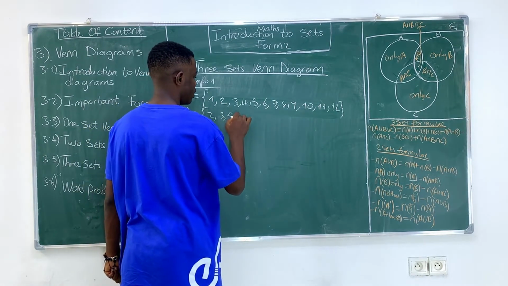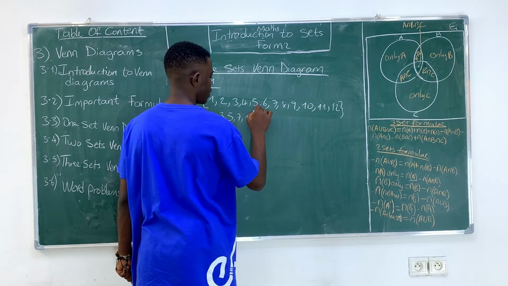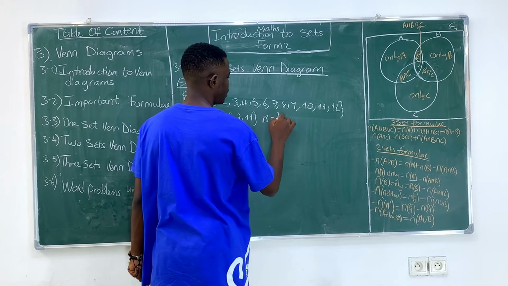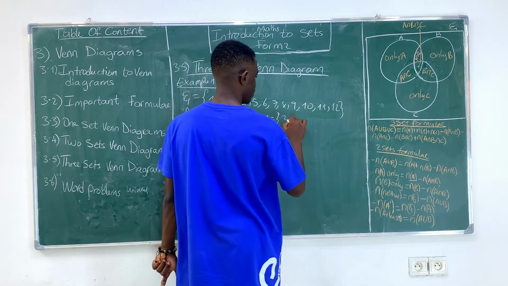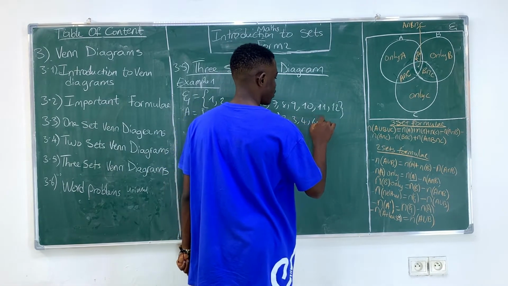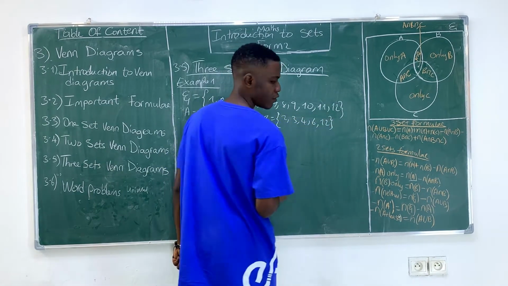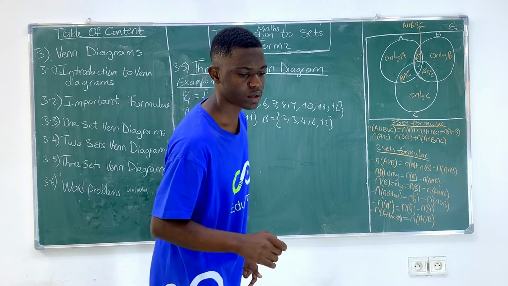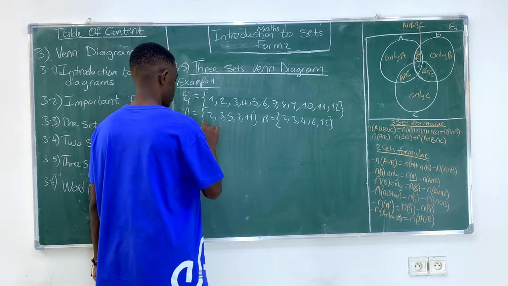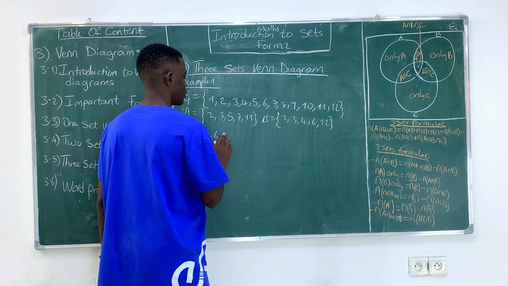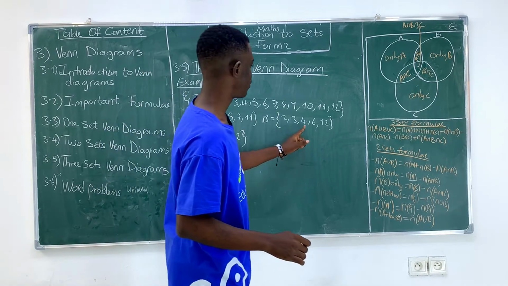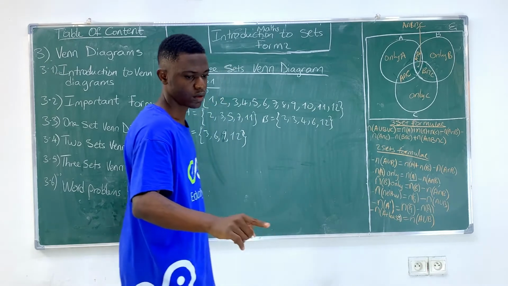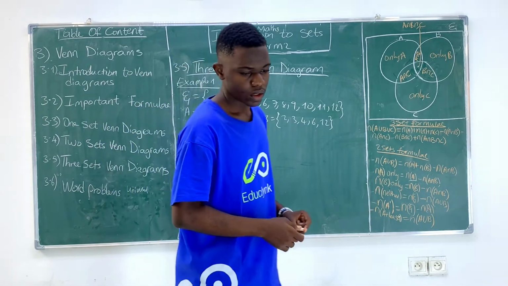I'll write B here to save space: 2, 3, 4, 6, 7. And set C is 3, 6, 9. So B is 2, 3, 4, 6, 7. Okay.